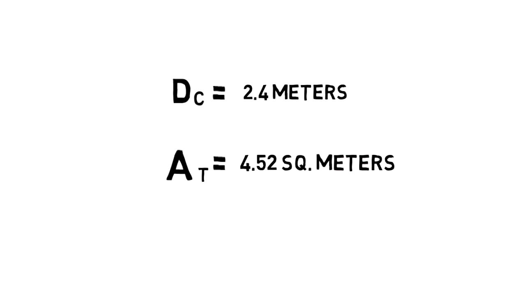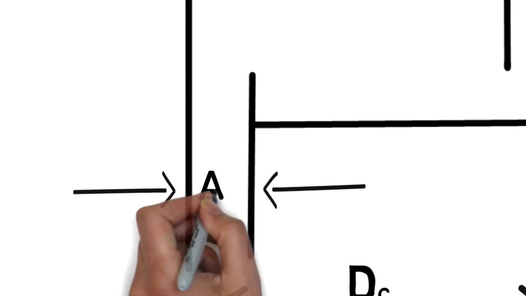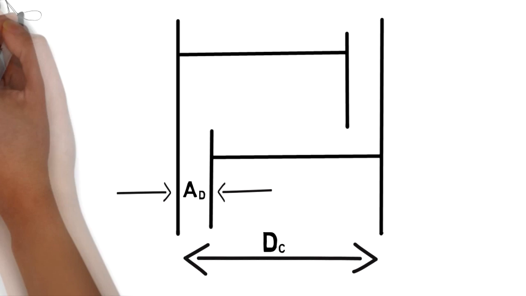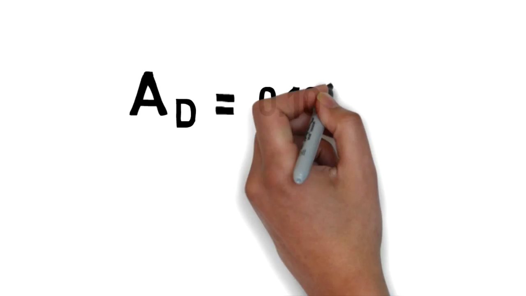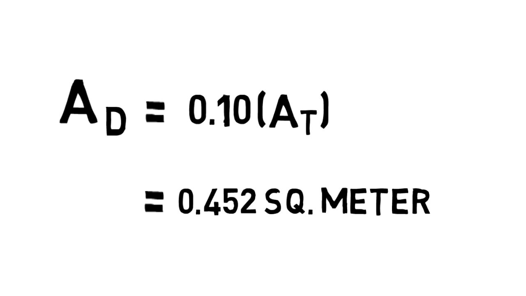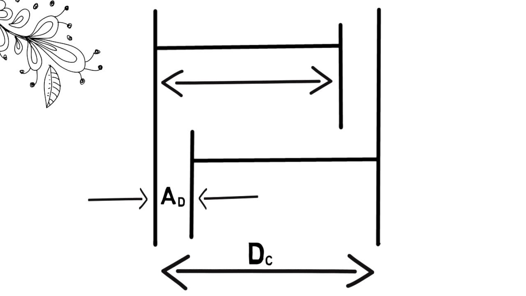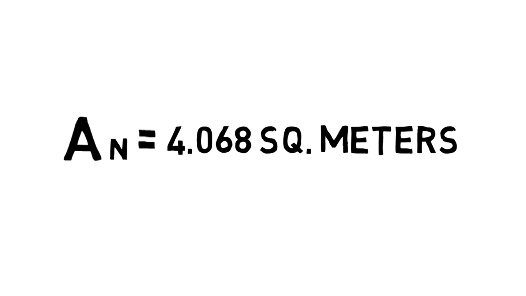For the downcomer area, it is the area where liquid flows from top to bottom. So, this time we choose that it is 10% of the column cross-sectional area. For the net area, we calculated it before, and that is 0.9 of the tower cross-sectional area. Now we have 4.068 square meters for the net area.